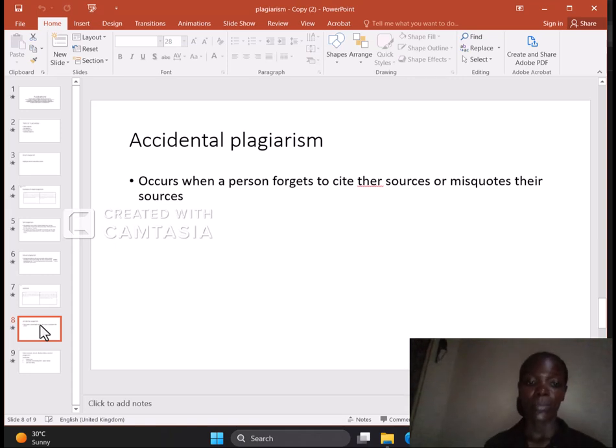So this occurs when a person forgets to cite their sources of information. If you're given an assignment and you've answered, you're supposed to cite or give the reference of the work you've written. But if you forget to cite, it means you've done what we call accidental plagiarism.